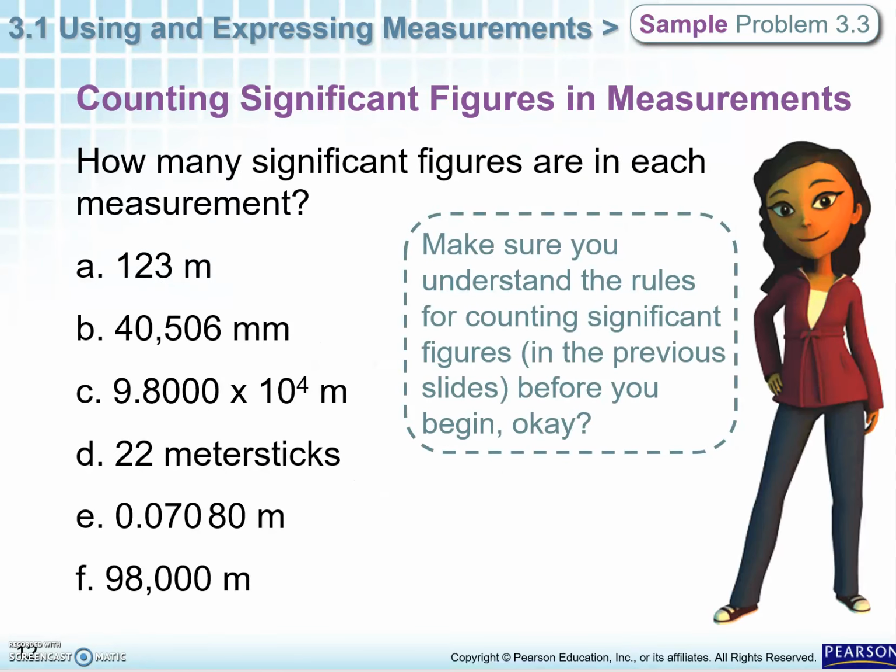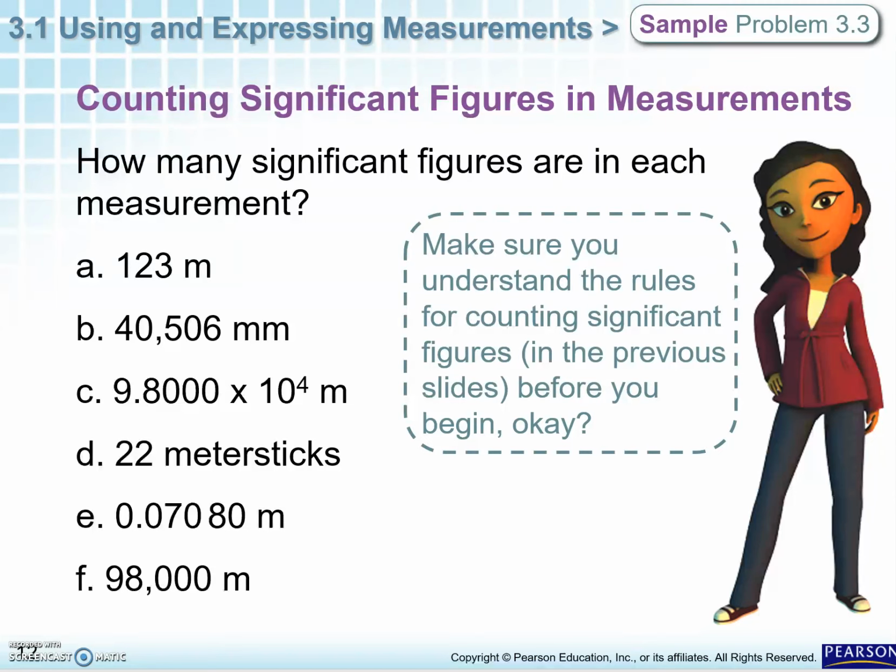All right, let's give this a shot and determine how many significant figures in each. So in the first one, use your rules to determine how many significant figures. If you came up with 3, that's because 1, 2, and 3 are all non-zero numbers.